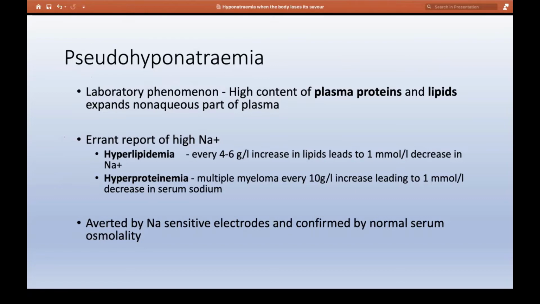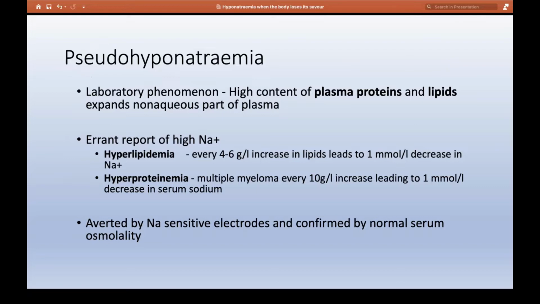So what is pseudohyponatremia? Pseudohyponatremia is when blood has a high content of plasma proteins and lipids, which expands the non-aqueous part of the plasma. As you can remember, plasma is composed of the cellular part, the proteinaceous part, and the aqueous part.